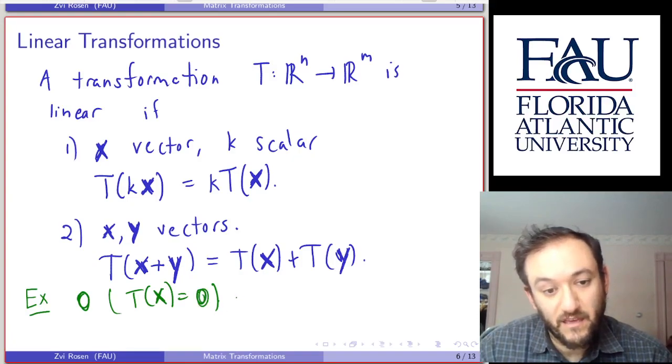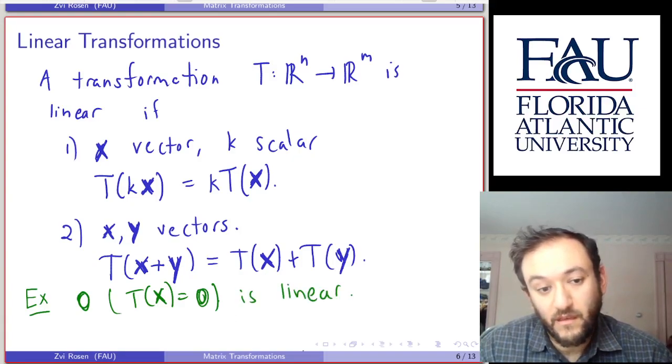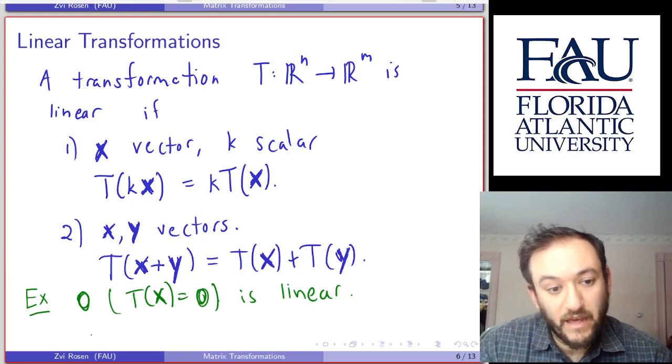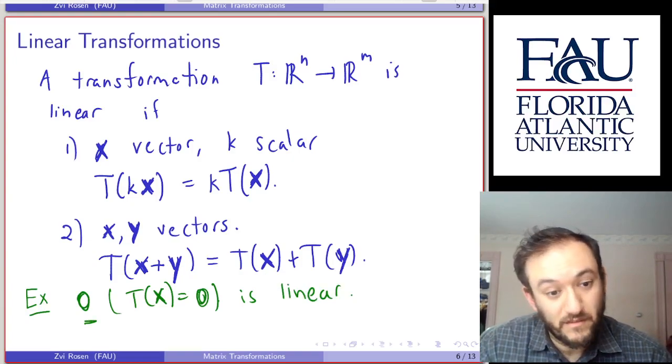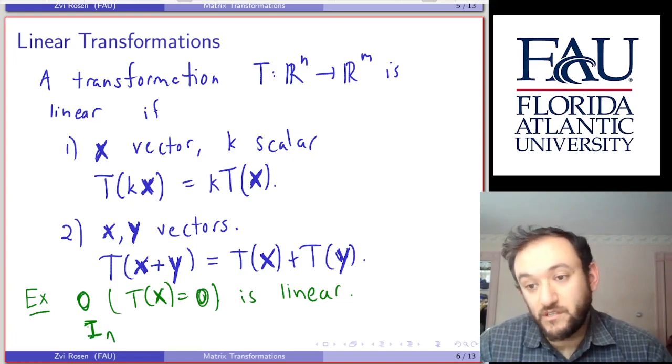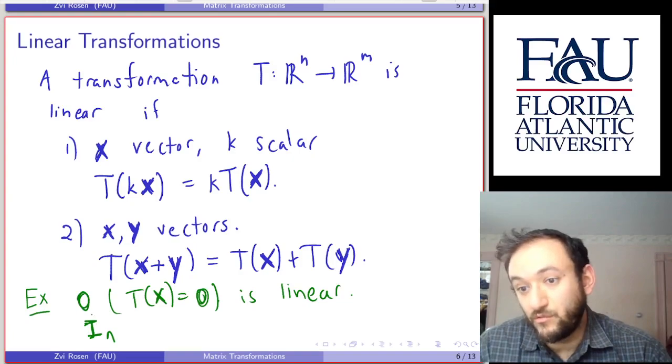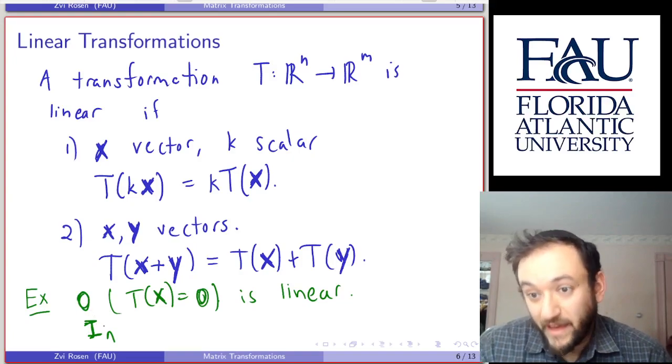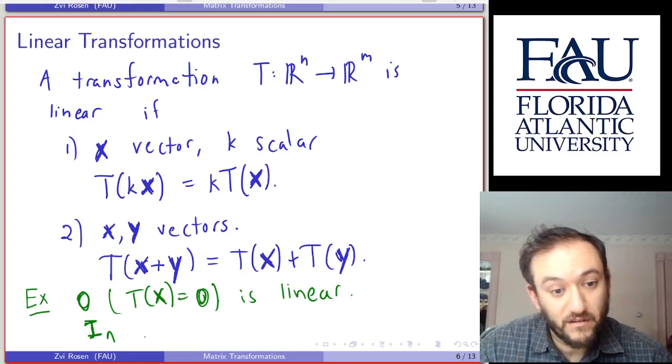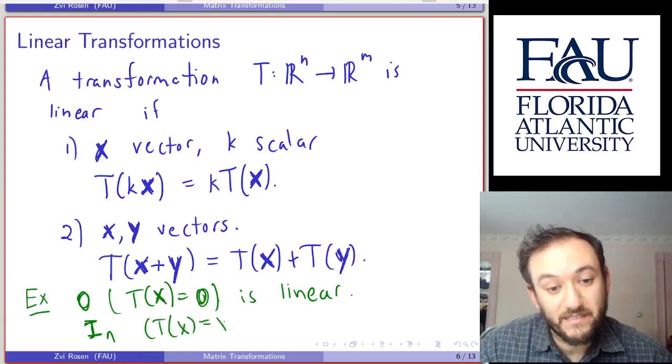This is a linear transformation. Another linear transformation is the identity, which takes whatever vector you put in and spits back that vector. That's certainly linear. T of x equals x is linear.